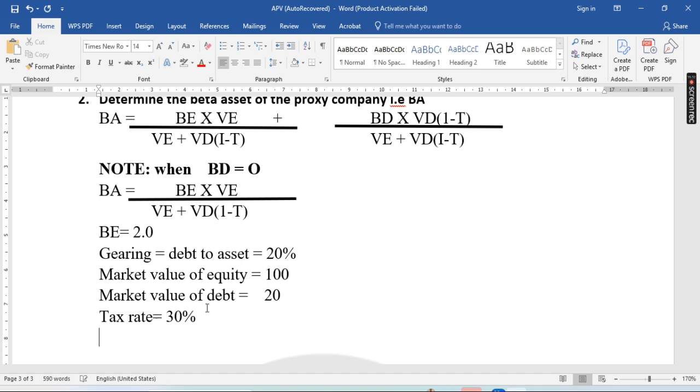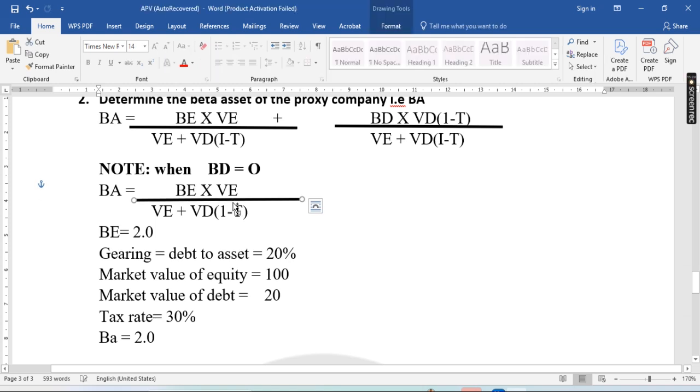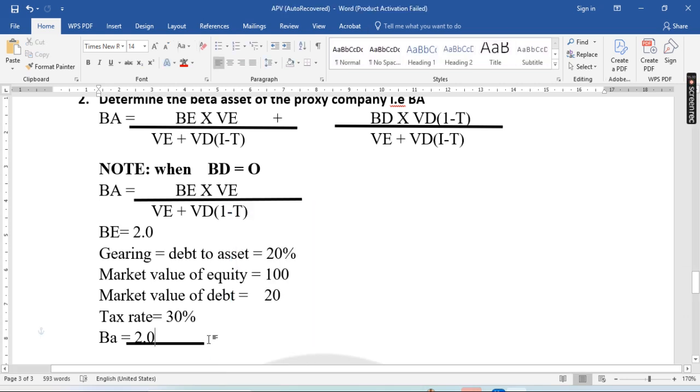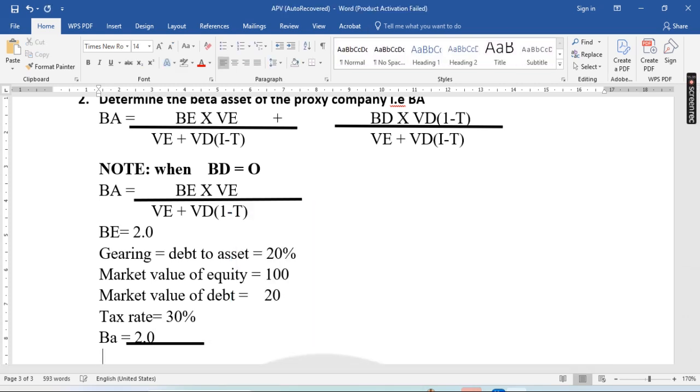So therefore, we can say BA equals BE, which is 2.0, divided by VE. What is our VE, class? This is VE. Let me put it like this so that you understand.